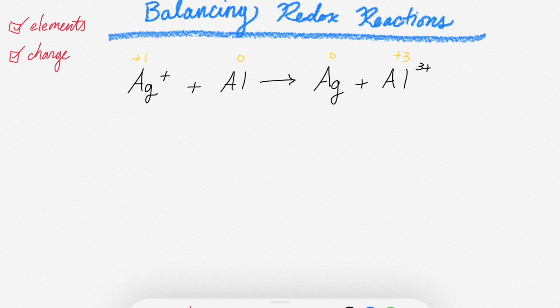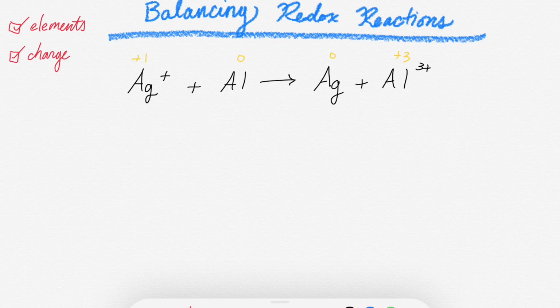I want you to notice that silver is gaining 1 electron. Okay, I just want that to kind of sink in for just a minute. The silver is gaining a single electron. But look at your aluminum. How many is aluminum losing? So it's losing 3.